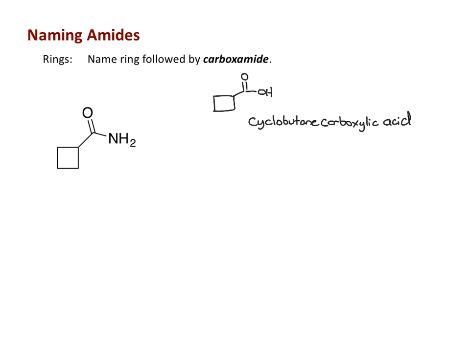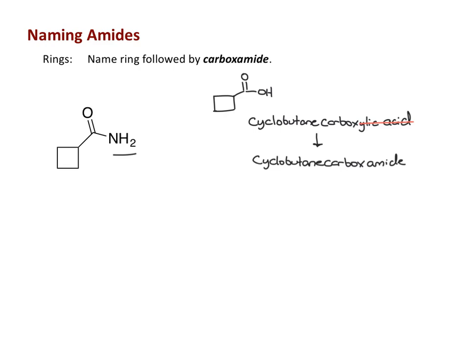And here's a case where we're dropping the ylic acid. And to make that the amide, we have cyclobutane carboxamide. So that's where we get to add the carboxamide to the ring.